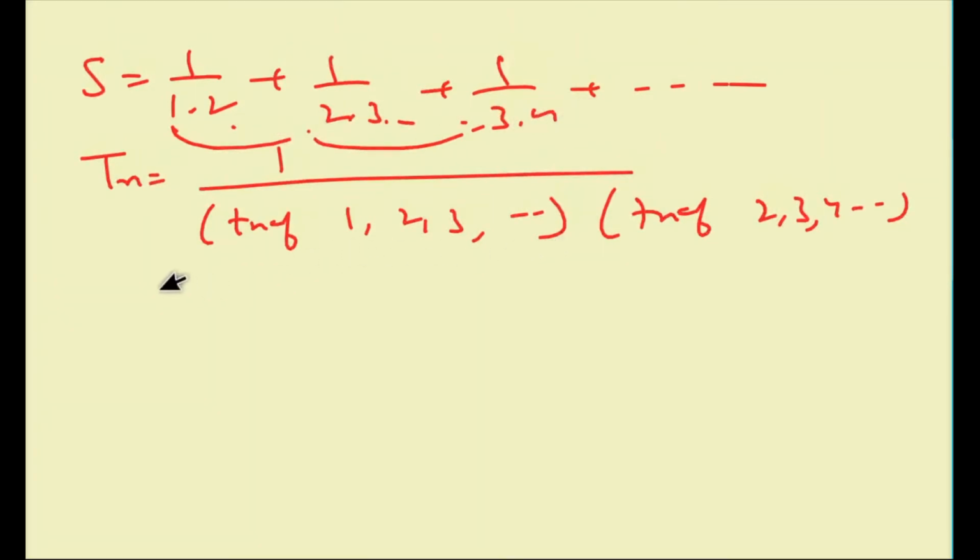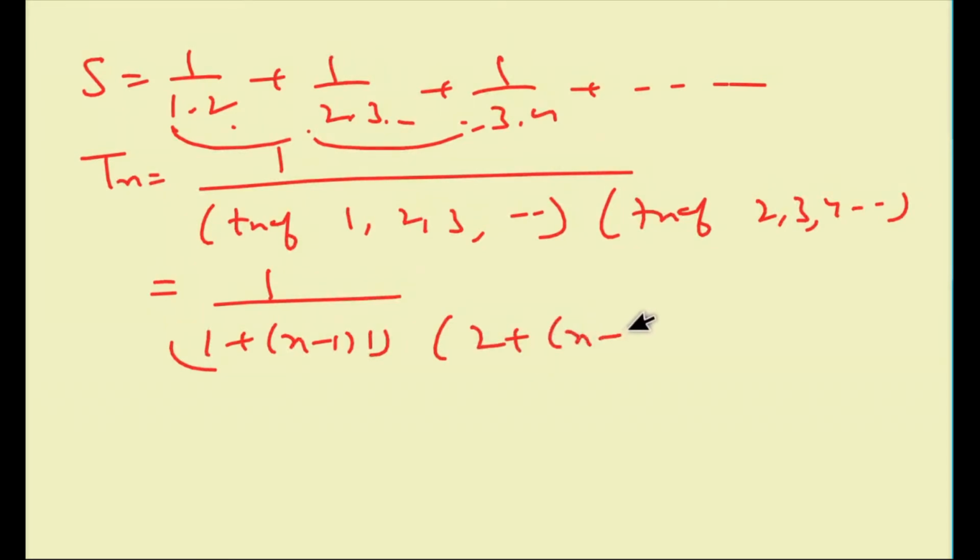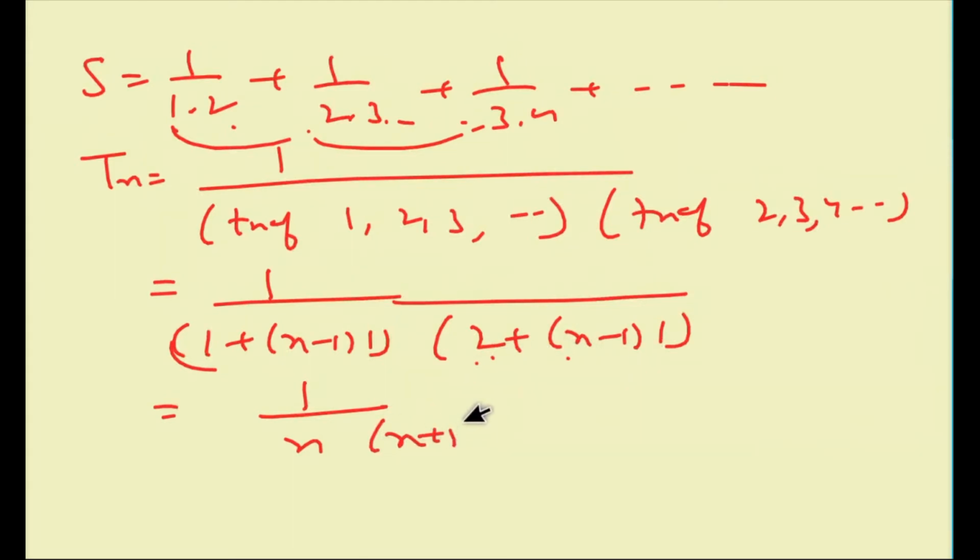This way you can find the Tn. This is an AP, a plus (n minus 1) d, and this is also an AP, 2 plus (n minus 1) d. You should practice AP and GP, which we are using here. So 2 plus n minus 1 is n plus 1.